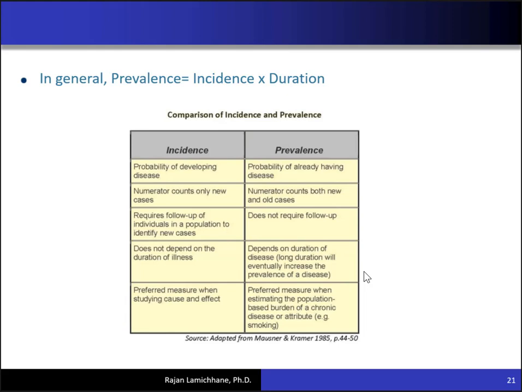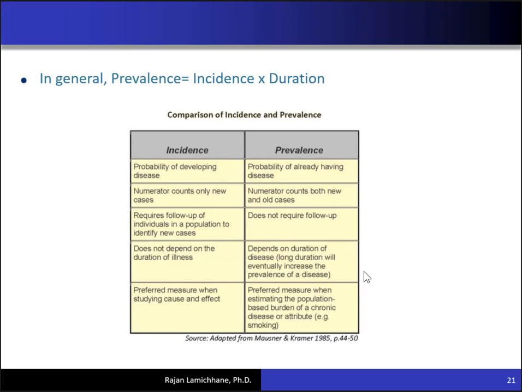Incidence does not depend on the duration of the illness as it is only based on the new cases. But prevalence depends on all previously existing disease cases, or how long the person is in the disease. The longer the person is in the disease status, the more people there are and the prevalence will always be higher.